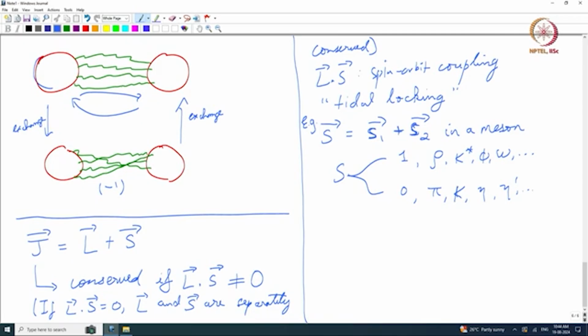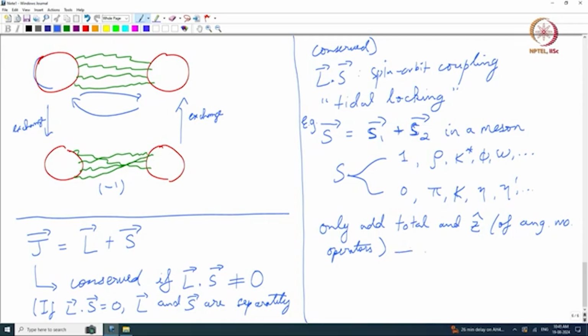Okay. So, to generalize this again, we know that we can only add the total and z component of angular momentum operators J, L, S and all, right.